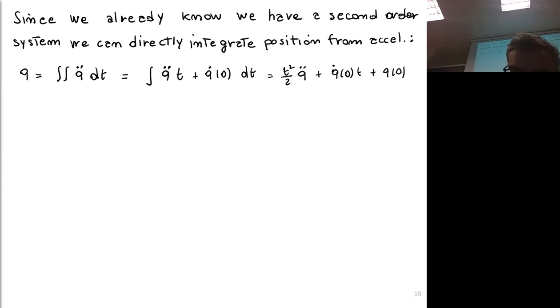So if we think about doing a double integration of the acceleration, q double dot, with respect to dt, we get the linear term q dot t plus the constant of integration that relates to the initial velocity in dt, and then we get this expression once we solve also the second integration.